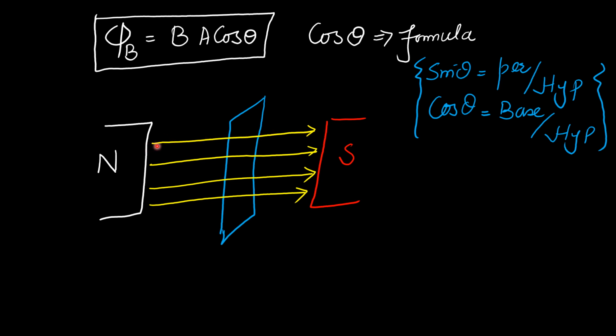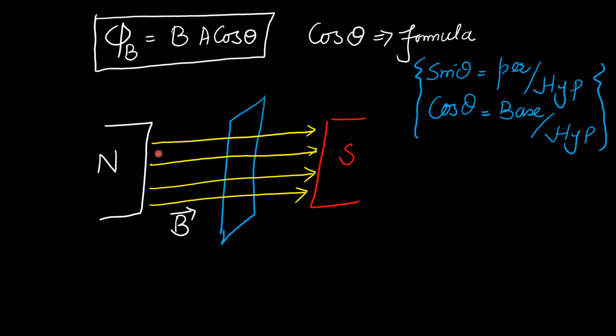They will pass through the surface, and that is the reason cos theta is used with the magnetic field B. If sine theta were used, it is perpendicular over hypotenuse, so this means the magnetic field lines would not pass through the surface but along the edges, and in such a situation there would be no flux.